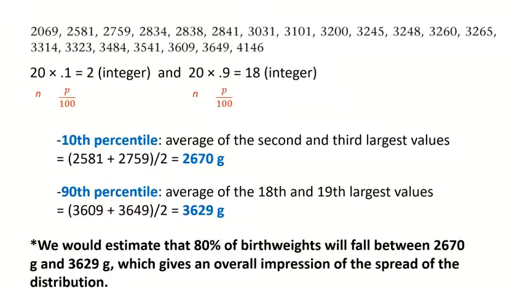Now that we know the 10th and 90th percentiles of the birth weight data set, we would be able to estimate that 80% of birth weights will fall between 2,670 grams and 3,629 grams, which gives an overall impression of the spread of the distribution.